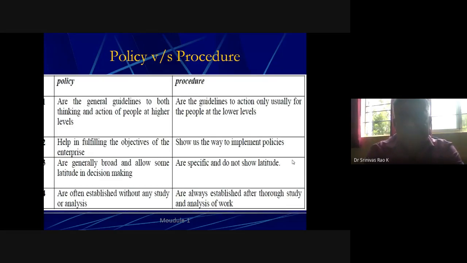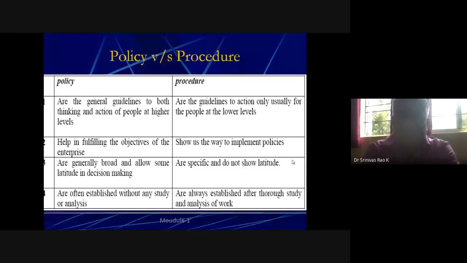That means doctors undertake procedure. Policy is formulated by the Government of Karnataka. The government gives you policy on how to conduct, and procedure is a way to implement the policy, but policies are made for achieving the objectives of the government.